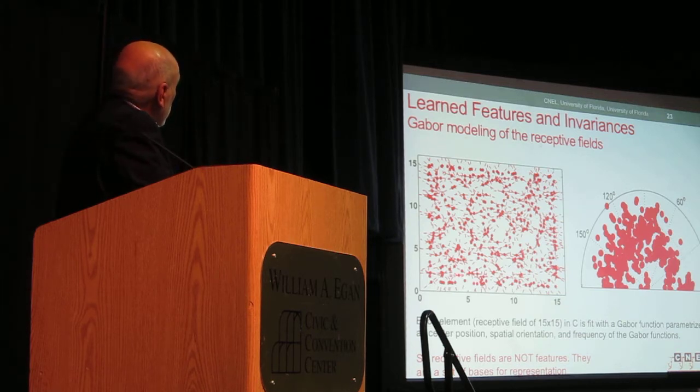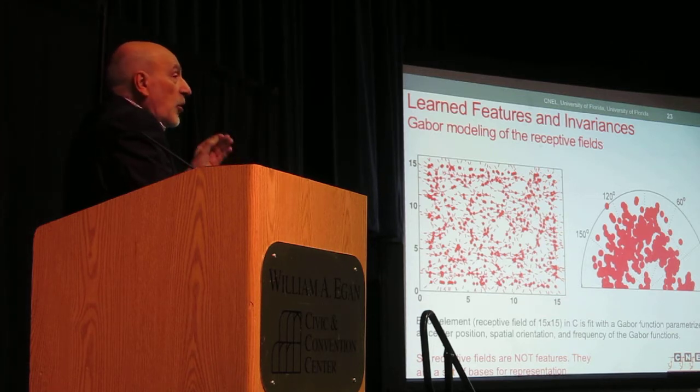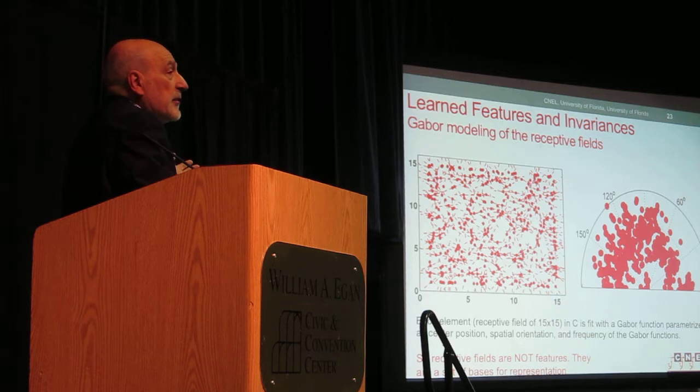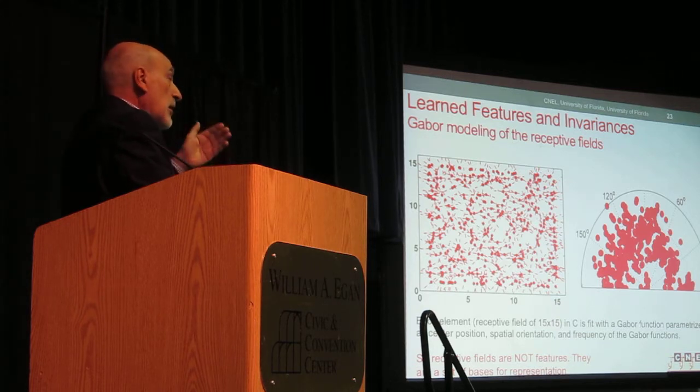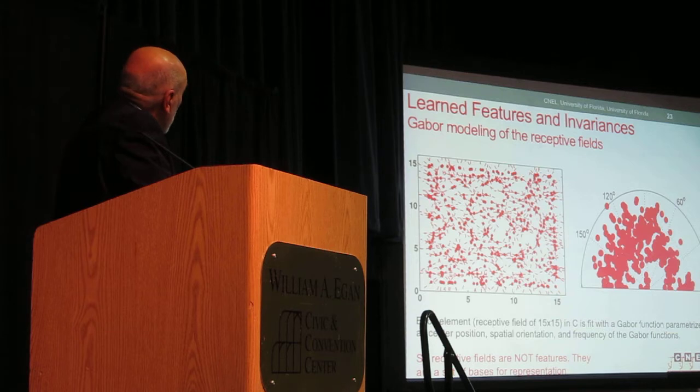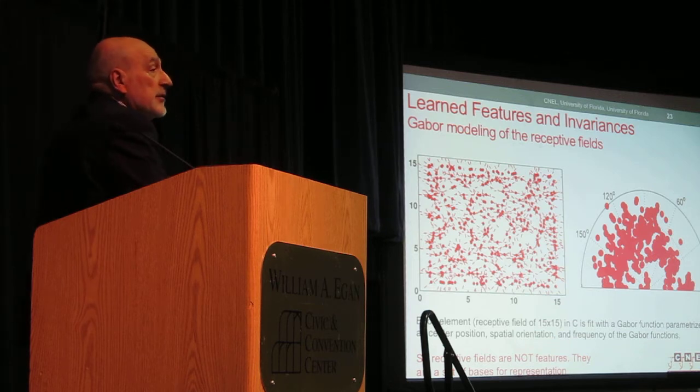In the receptive field of 15 by 15, we plotted all the different Gabor models, and you can see that they are uniformly structured over the receptive field. So the model was able to capture from this scene a basis set that really covers the space, both in location and in angle. That means you have all the possible orientations.